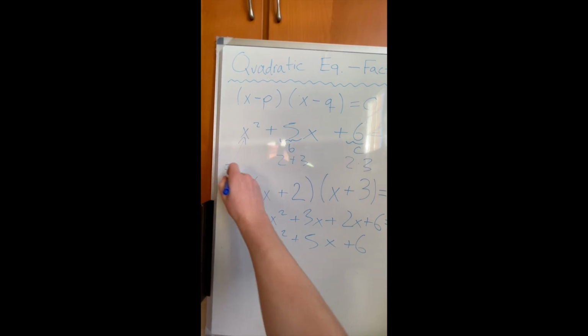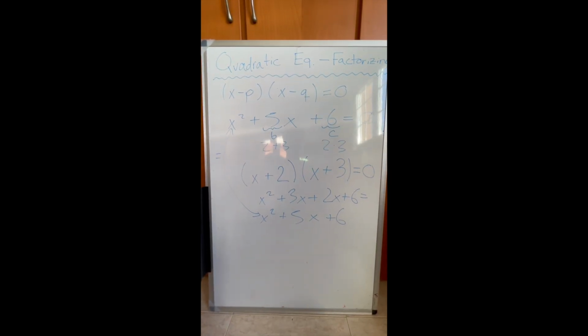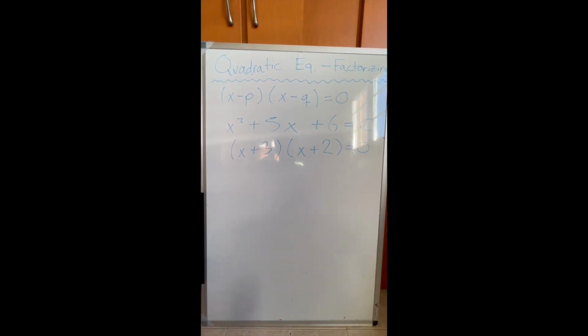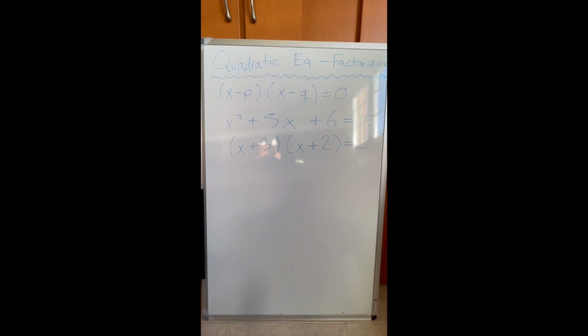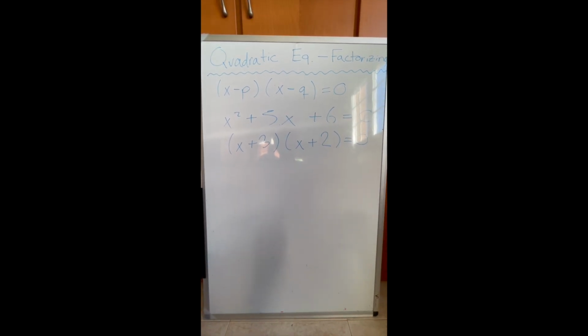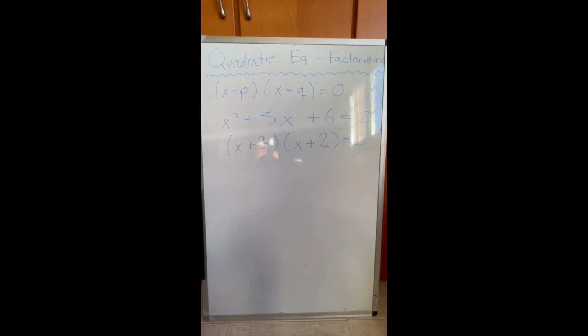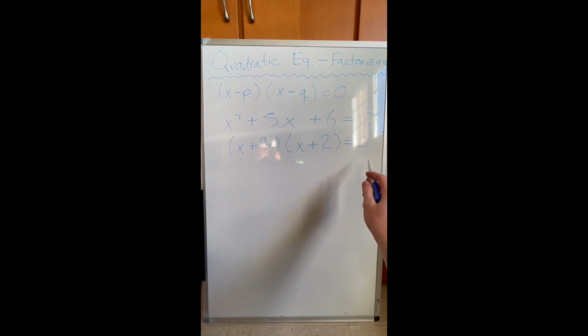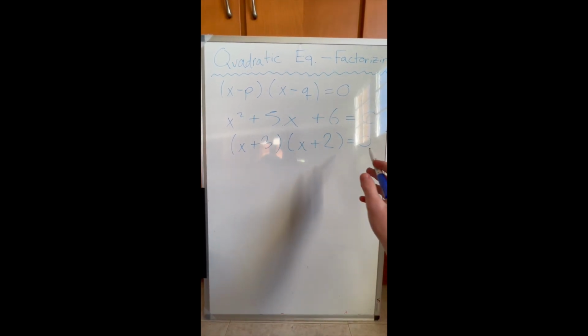So now you may ask yourself, okay, but now that you have the p and q values, how do we find the x values that satisfy this equation? And it's very simple, by applying the zero product property, which I explained before. If a times b is equal to 0, then a or b must be equal to 0.